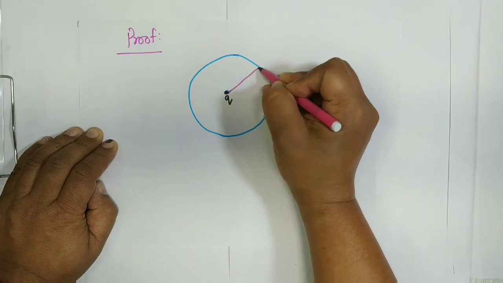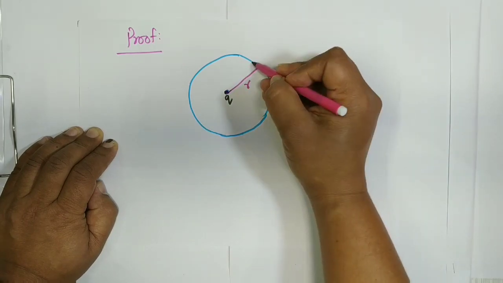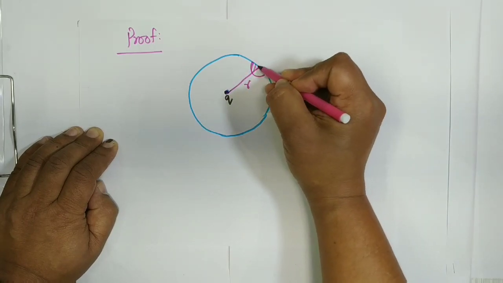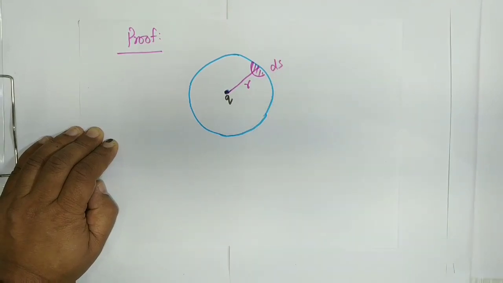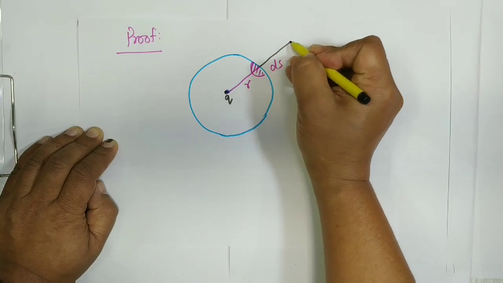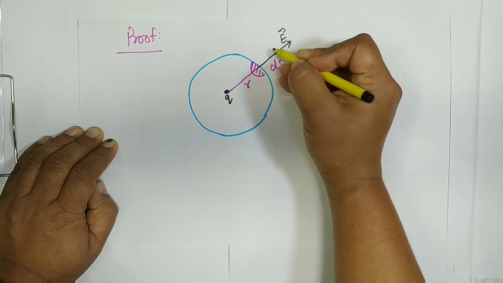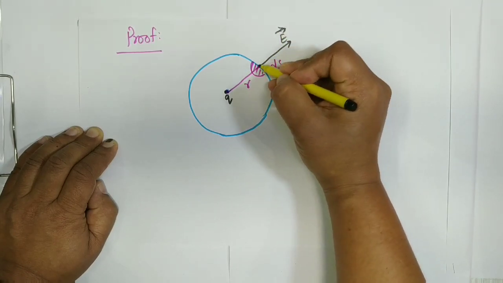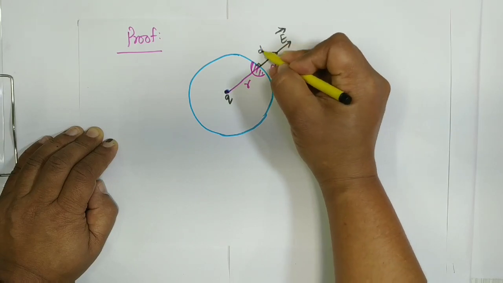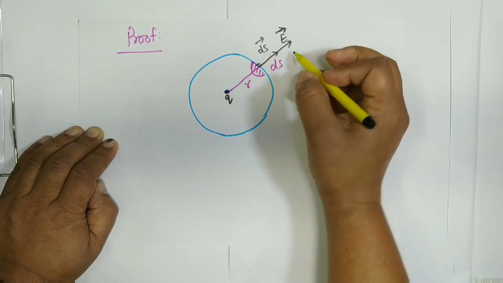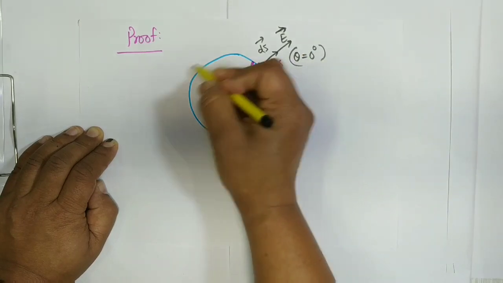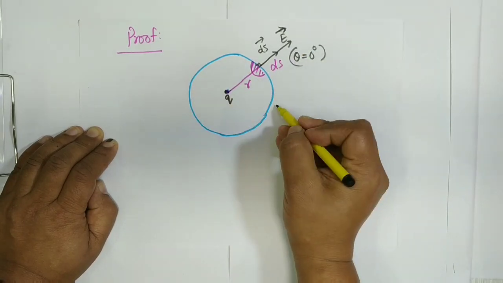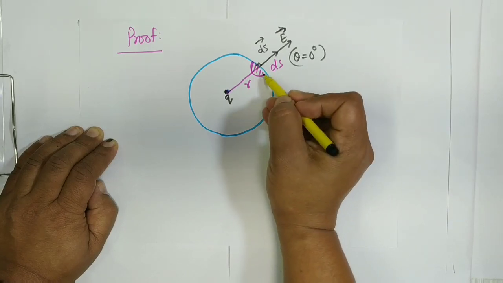Say R is the radius, and this is the ds surface. All of you know that for the point charge, the electric field will be outward, and the area vector perpendicular to it will also be outward. What is the angle between E and ds? Here it is 0 degree. So you can take it anywhere. Anyway, the total surface is S, but we have taken ds.